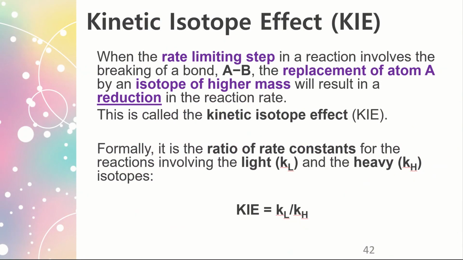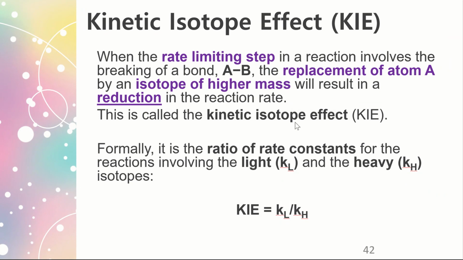All right, so now we're looking further at the isotope, but something a little different. We're looking at the kinetic isotope effect that we will call the KIE. So when the rate limiting step in a reaction involves the breaking of a bond, so we're looking at an arbitrary AB bond here, the replacement of atom A by an isotope of higher mass will result in a reduction in the reaction rate.